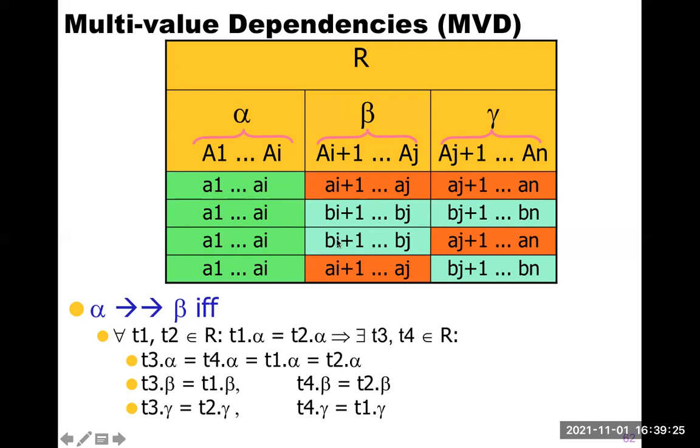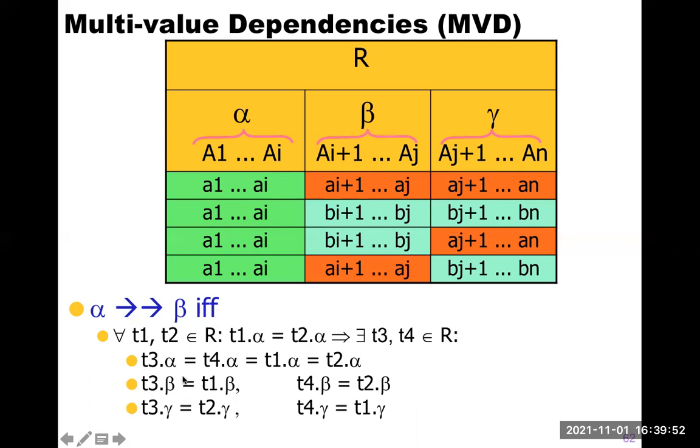T3 beta equals, so that's not a correct drawing. The picture doesn't correspond. So I have the first record and the same value here in first and fourth.